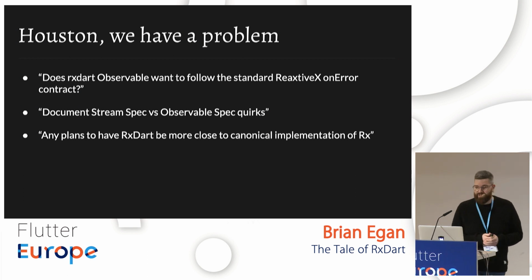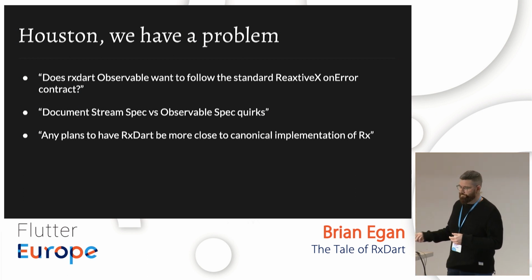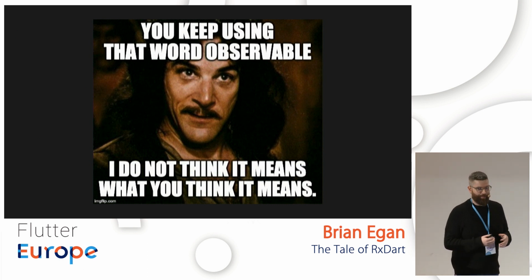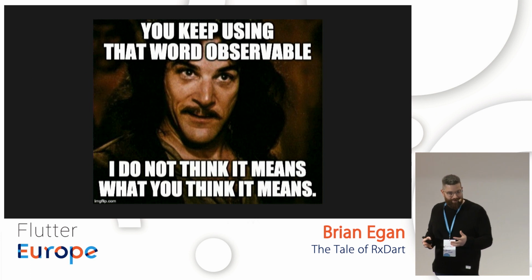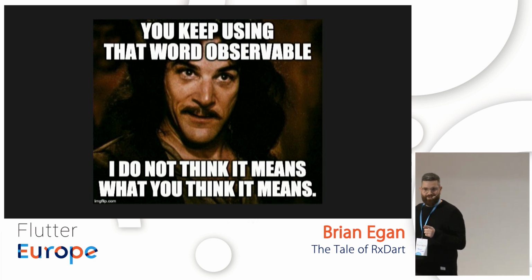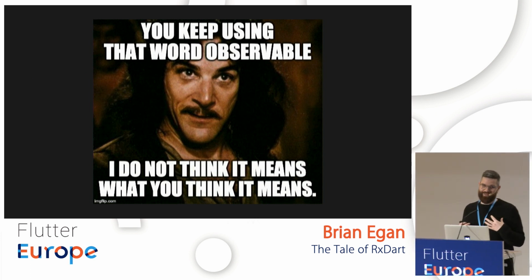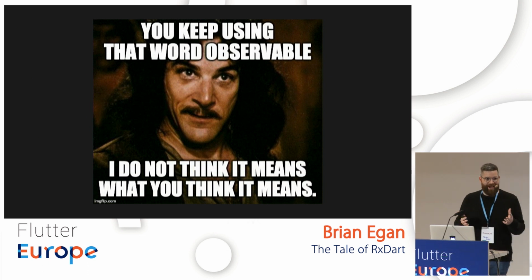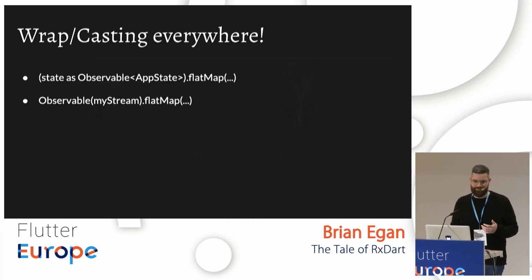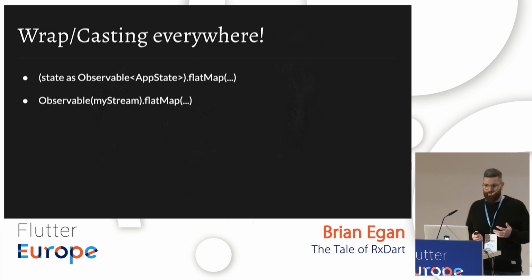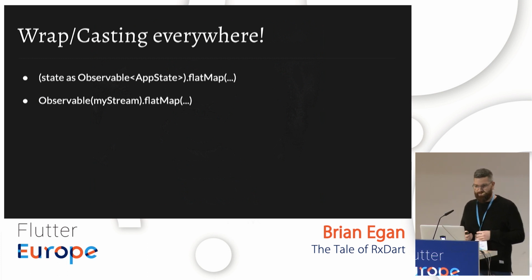Or any plans to have RxDart be closer to the canonical implementation? This is kind of the way I felt, basically. We kept using the word observable, but observable didn't mean what people thought it meant, and what we thought it meant. And so we really had a bit of confusion in this case. The other thing is, we were still doing this wrapping and casting in a lot of places.